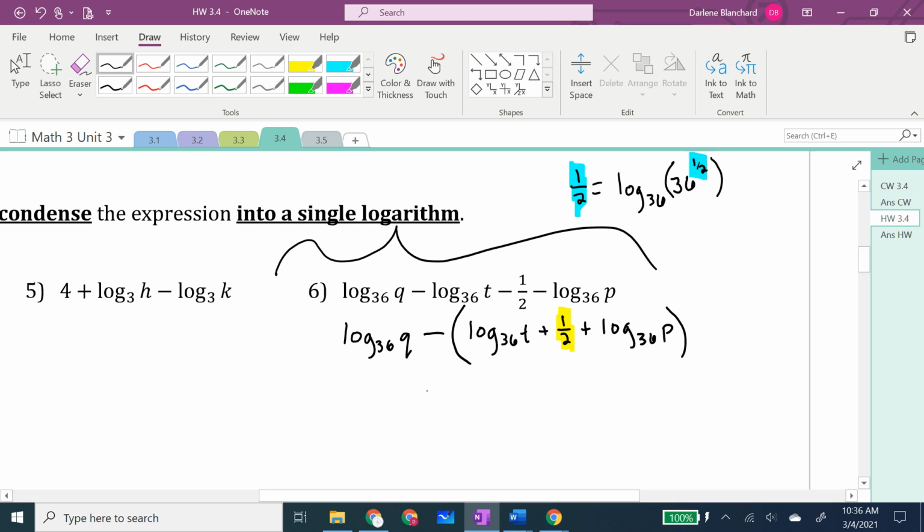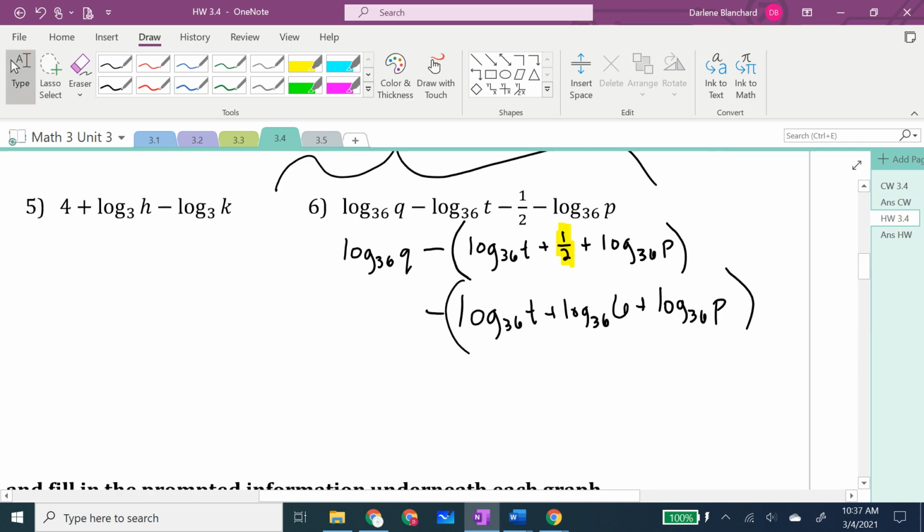So after this minus sign, I actually have log base 36 of t plus log base 36 of the square root of 36, which is 6, and then plus log base 36 of p, and I can then take everybody that's after this subtraction sign, it's all addition, and I can condense that into one logarithm.